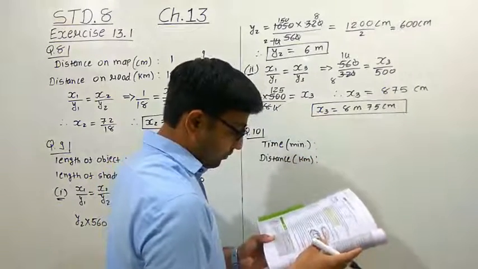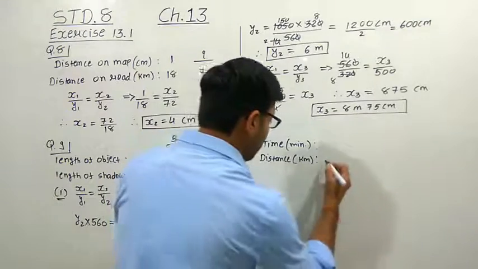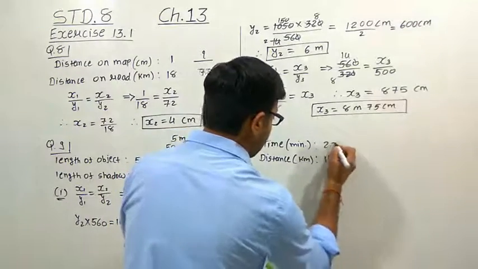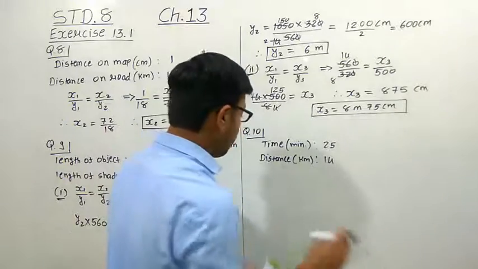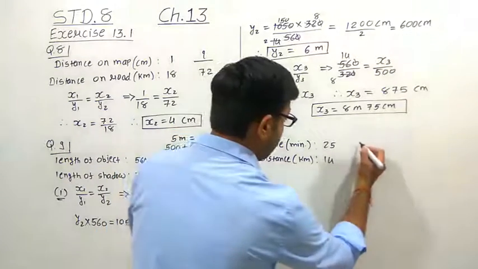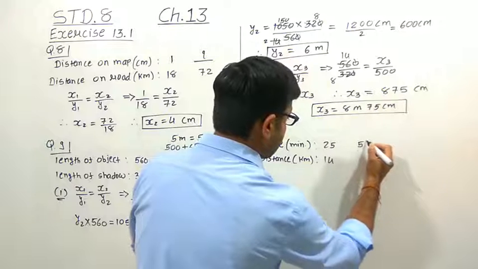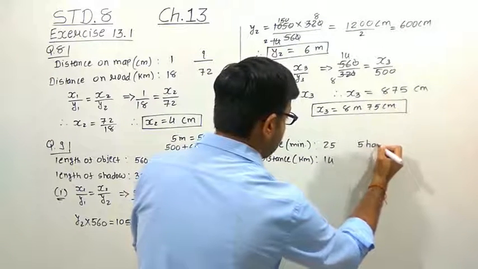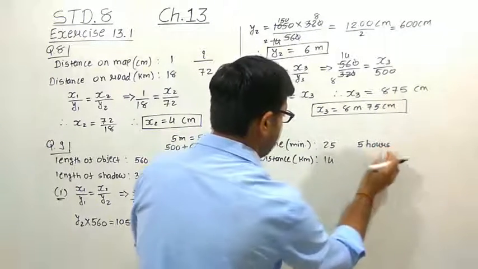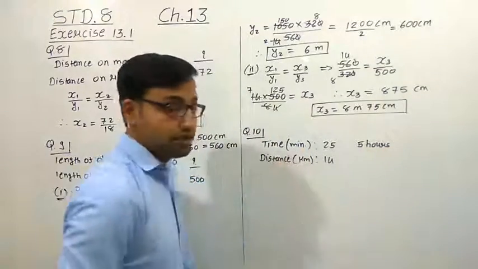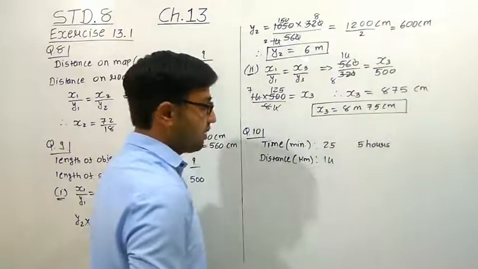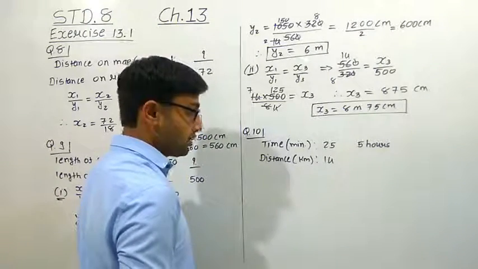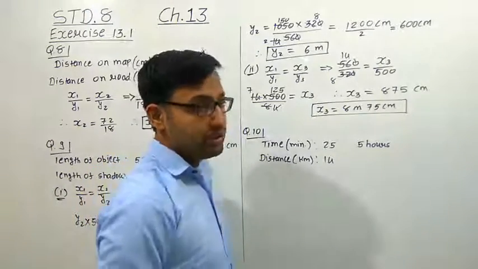So first of all, it travels 14 km of distance in 25 minutes. Now how far can it travel in 5 hours? Here we are given 5 hours. Actually this is in hours, but here we have to take minutes. So we can convert 5 hours into minutes by multiplying with 60, because 1 hour is equal to 60 minutes.